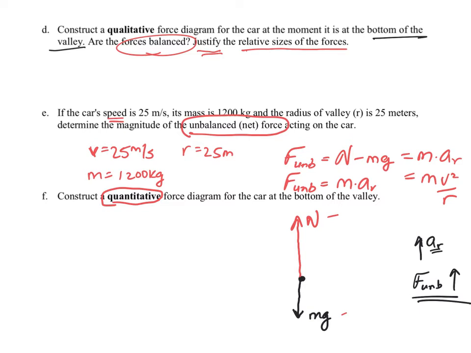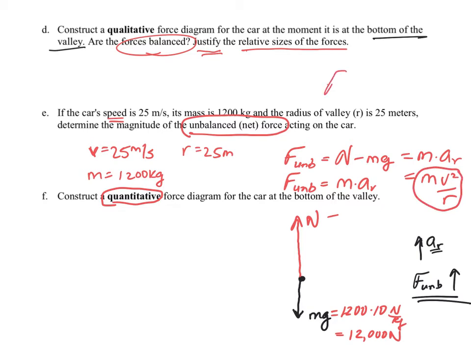First of all, I know what mg is, because if the mass of the car is 1,200, then mg is just 1,200 times 10 newtons per kilogram. That is 12,000 newtons. Okay, now let's find the unbalanced force. It's equal to m times v squared divided by r.